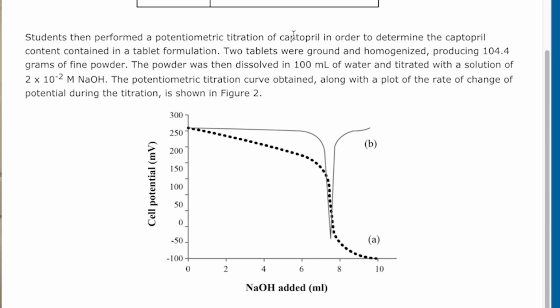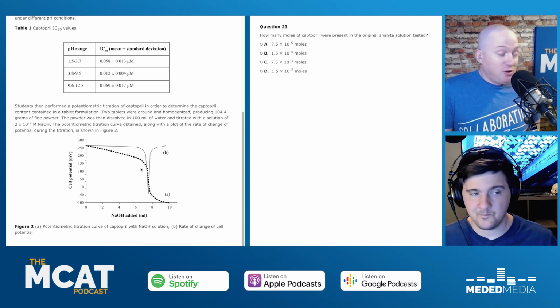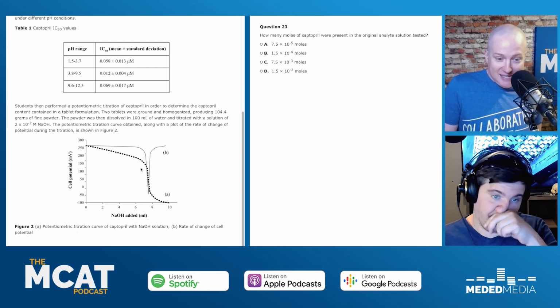And then we have this sharp peak of the cell potential right around, I'm going to say 7.5 or something like that, telling us that's probably where the equivalence point is happening. Because remember, from the first paragraph, they told us that we get this indicator through the potential when we hit the equivalence point rather than using an indicator. They give us that in figure 2, and that's it. Yeah, so if I'm going through this, I'm like, C, next passage.